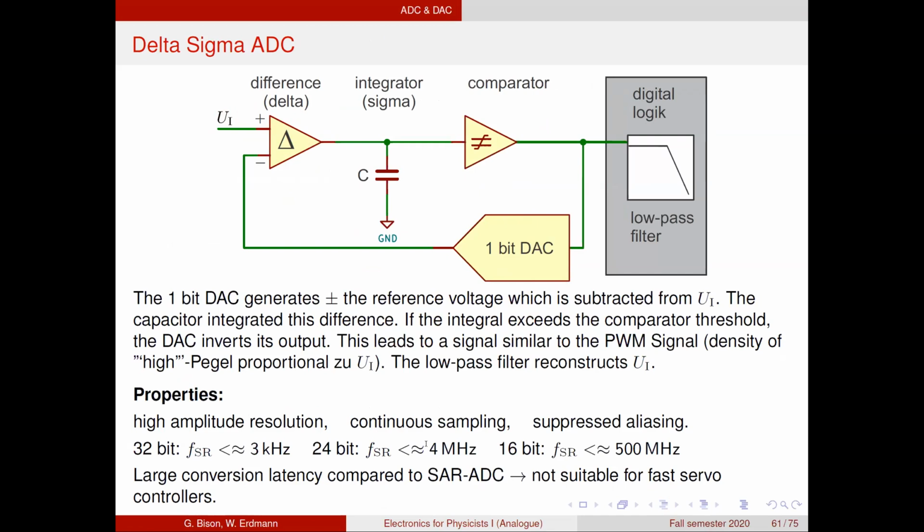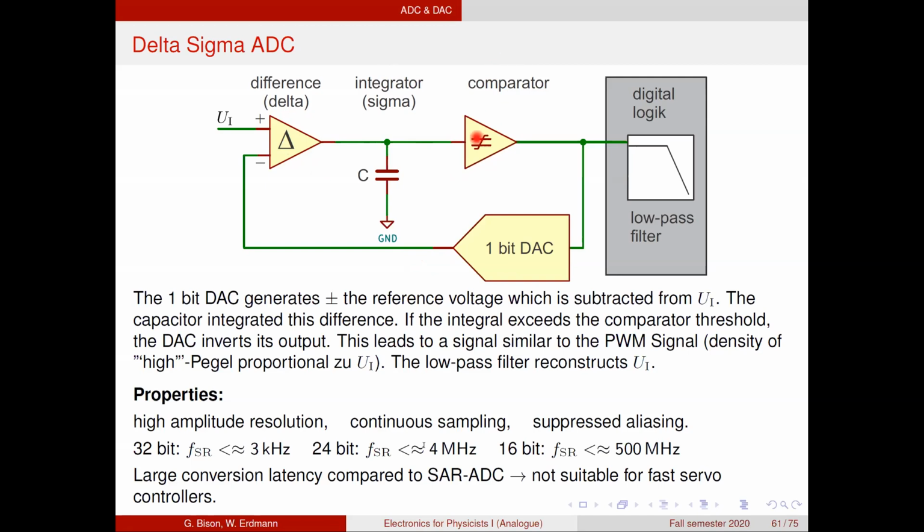So it's not really a DAC, it's just connecting this line here to either plus or minus the reference voltage. And then the output of this difference here, so that's why it's called delta, is integrated. So a capacitor is charged with it. The integrator is like a sum, so that's why sigma.